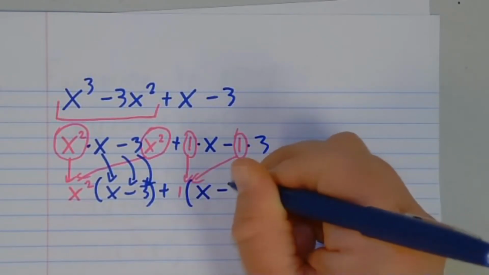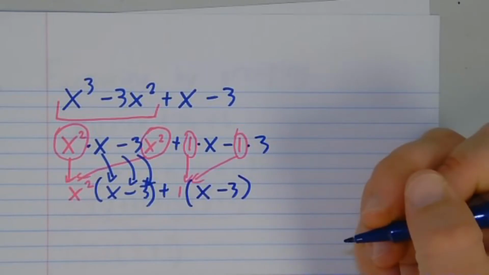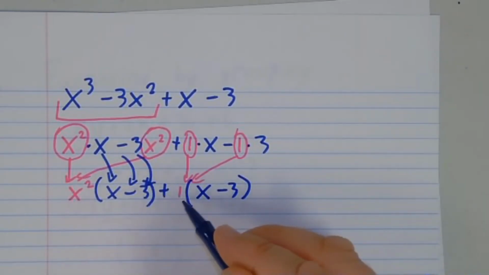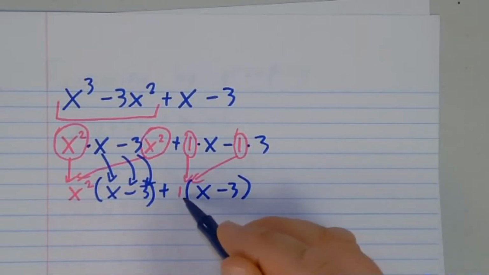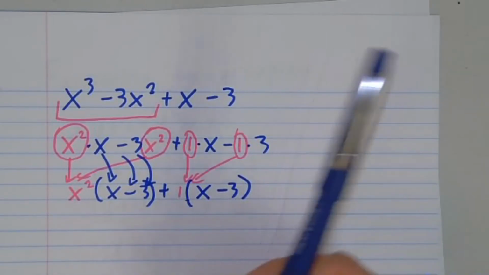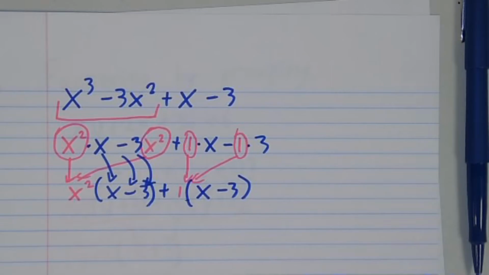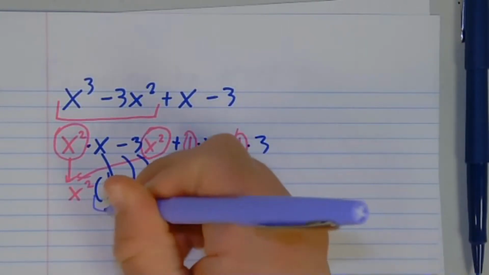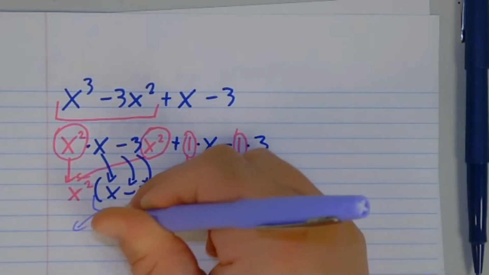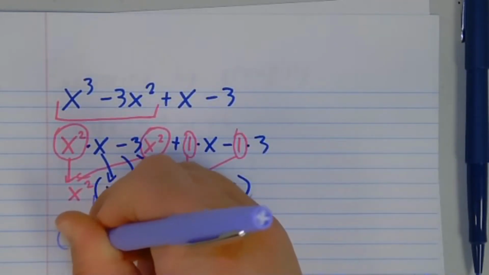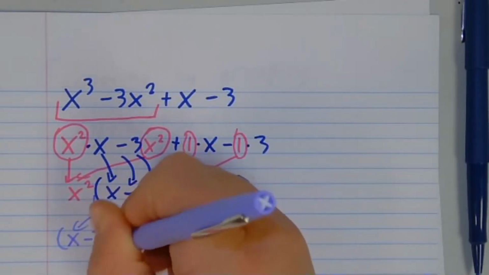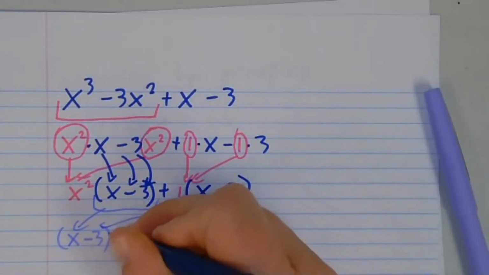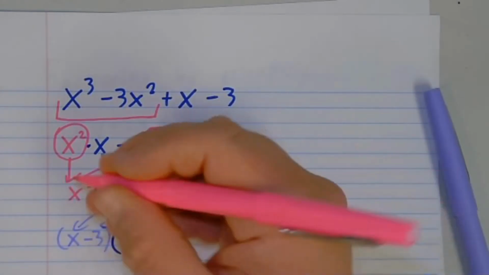X minus 3. So now I have each of them as x minus 3 multiplied by something, in this case by x squared, in this case by 1. So I can pull my x minus 3 that matches out and put it in front. X minus 3. I can get the rest of my parentheses assembled here.